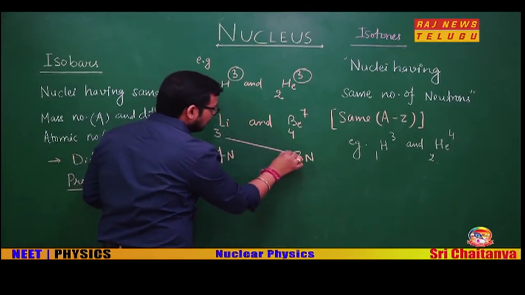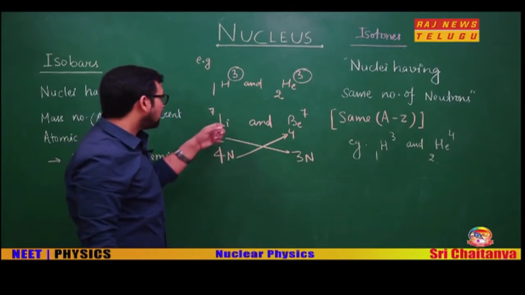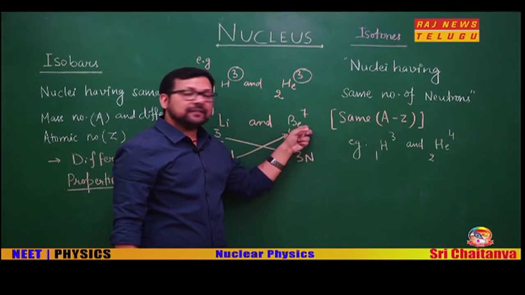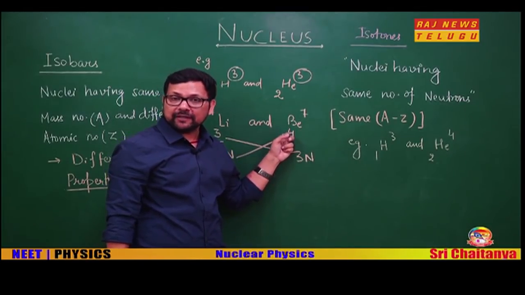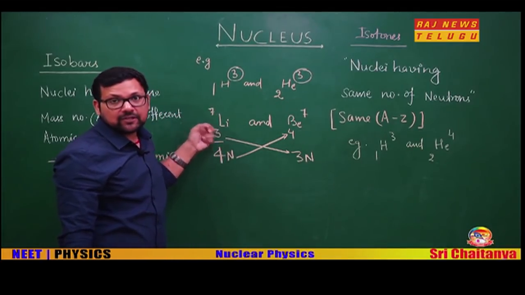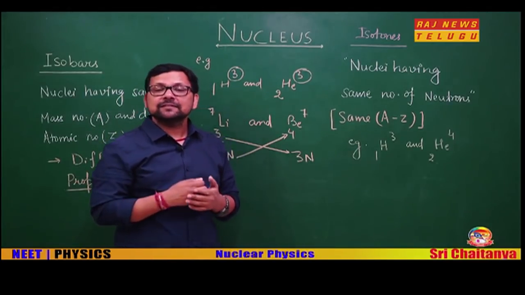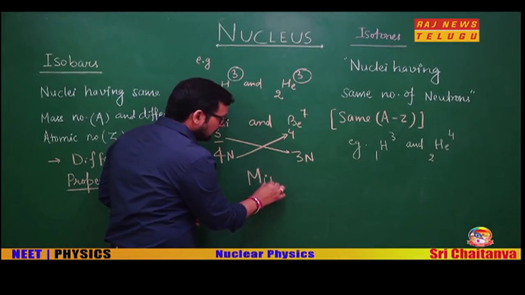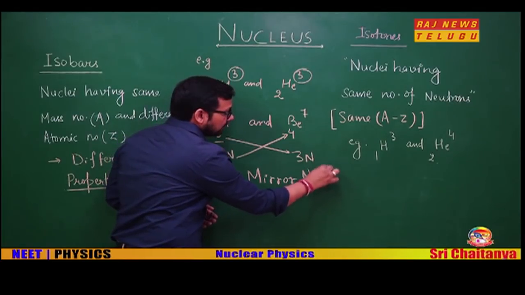You can see here, 3 is the atomic number for Li and 3 is the number of neutrons for beryllium; 4 is the atomic number, that is the number of protons, for beryllium and 4 is the number of neutrons for lithium. So they are getting their number of protons and neutrons exchanged. Such nuclei are called mirror nuclei.